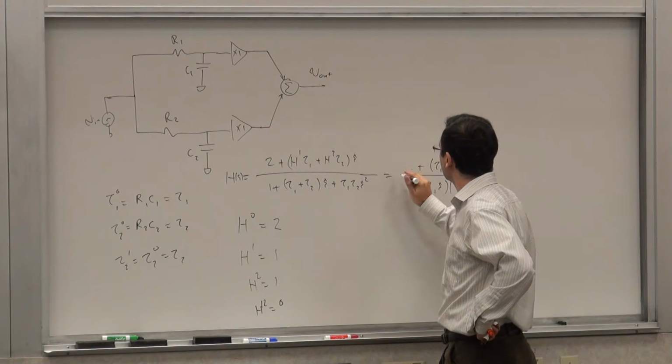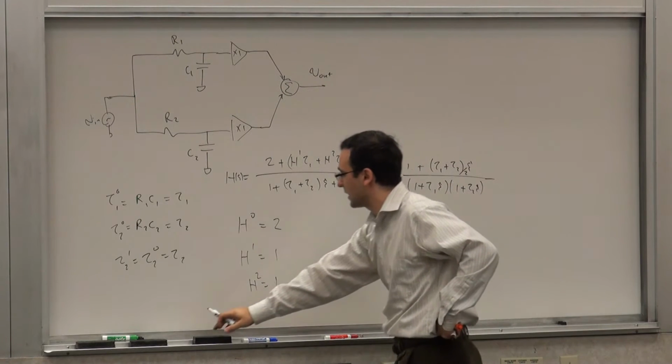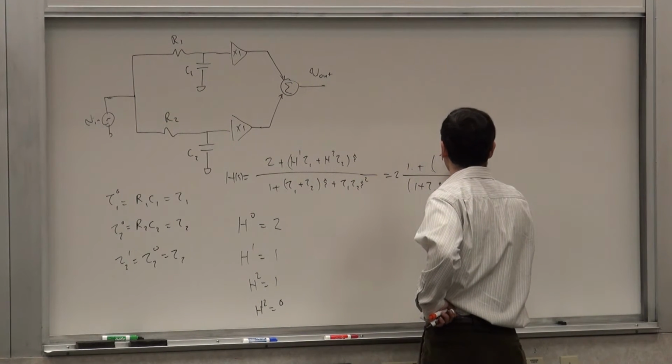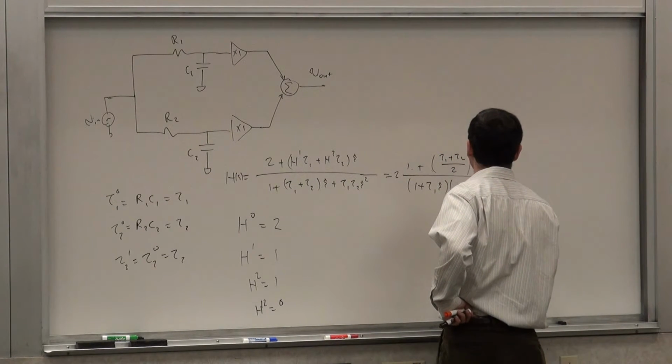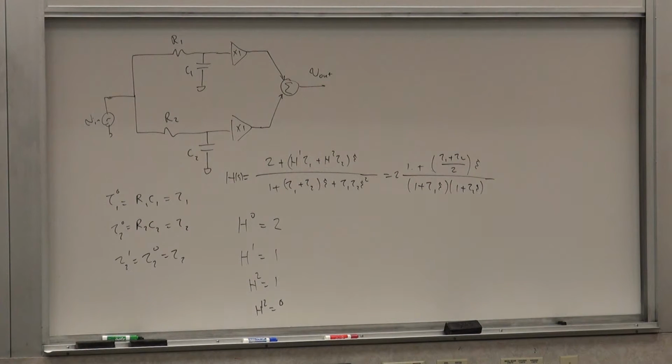Which I can factor the 2 out and then get tau 1 plus tau 2 over 2, the average of tau 1 and tau 2. So we can write that tau 1 plus tau 2 over 2 times s, which is equal to neither one of those two. So they are not canceled in this case.